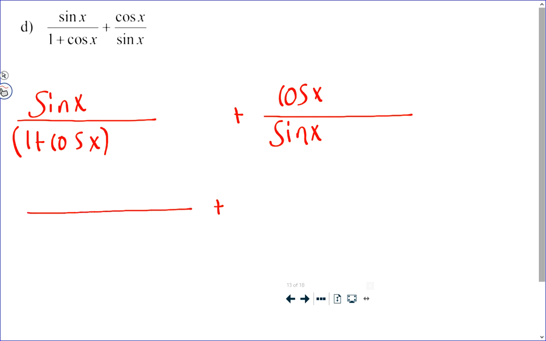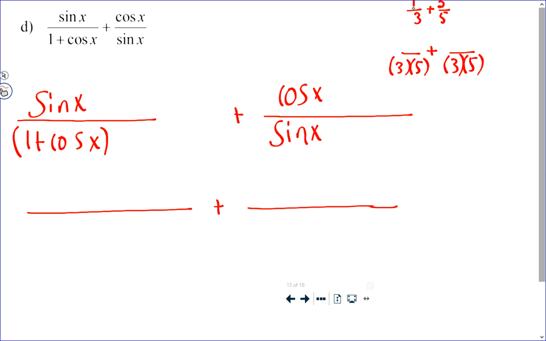Well, this is very similar to me giving you fractions like 1/3 plus 2/5. If you added 1/3 plus 2/5, the lowest common denominator would be 3 multiplied by 5. And I'm not going to go through and add these fractions together.